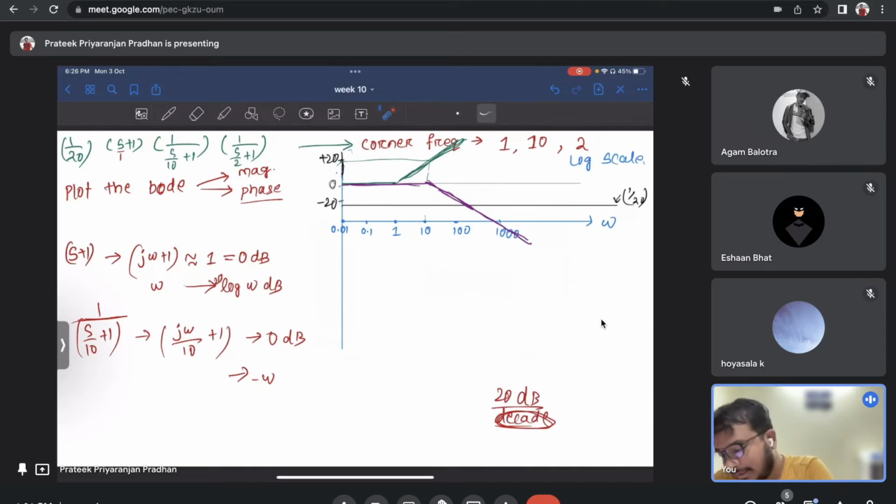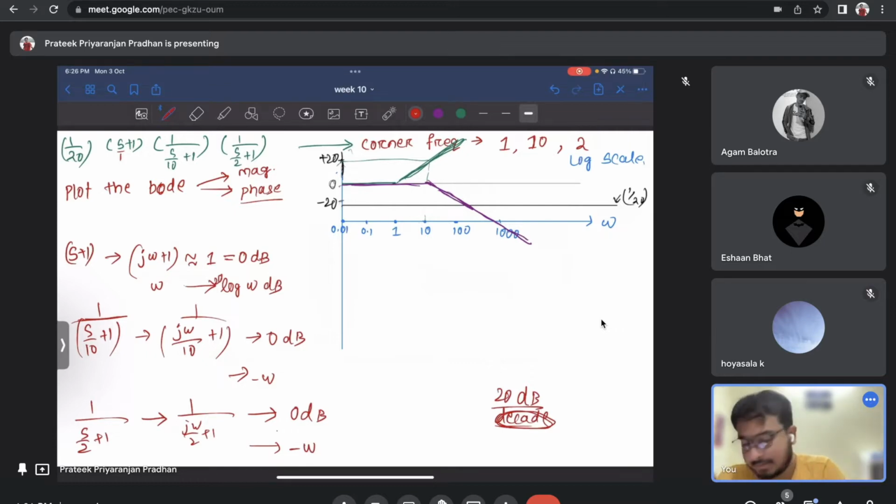So I will write it as 1 by j omega by 2 plus 1. At low frequency, it will be simply 0 dB again because 1 by 1. And at high frequency it will be negative 20 dB per decade. Okay, very simple.